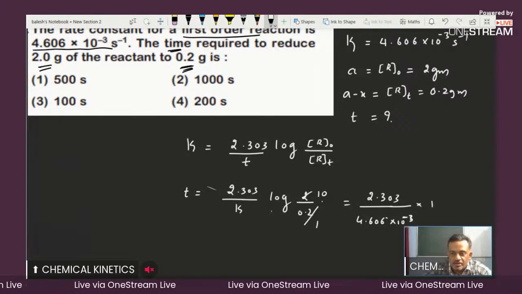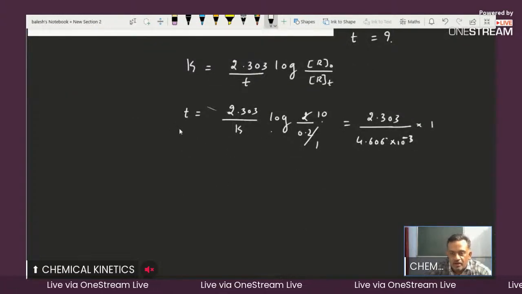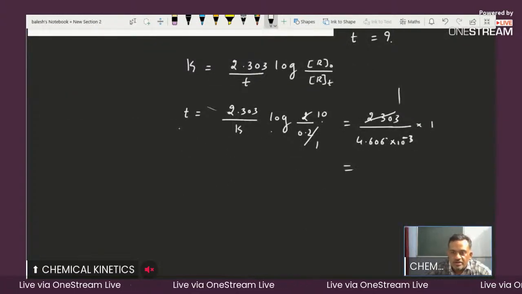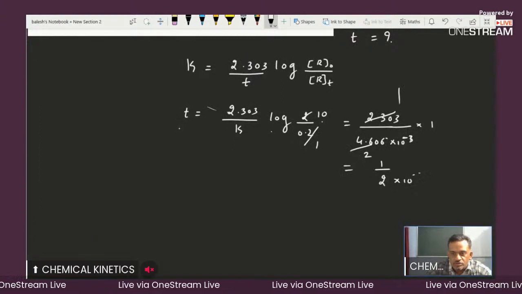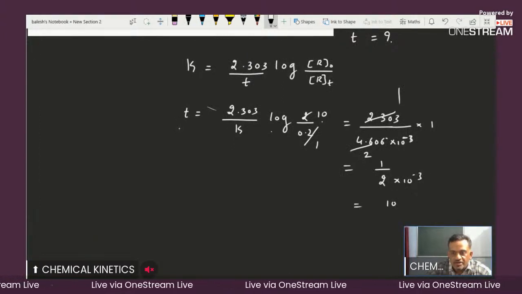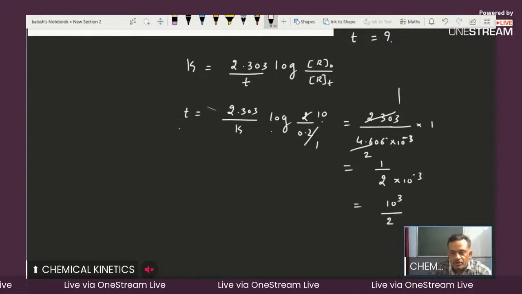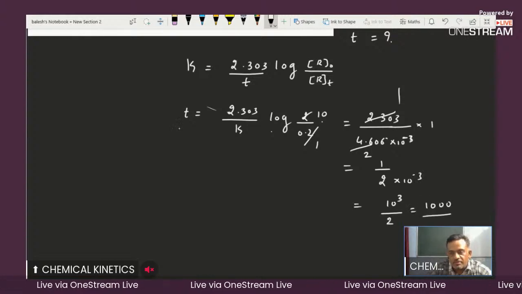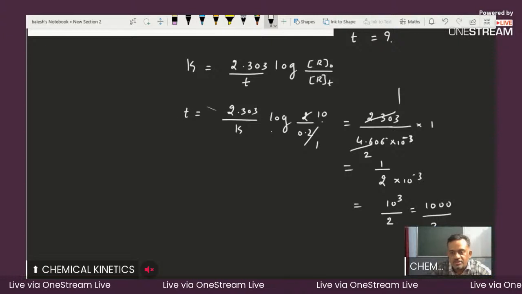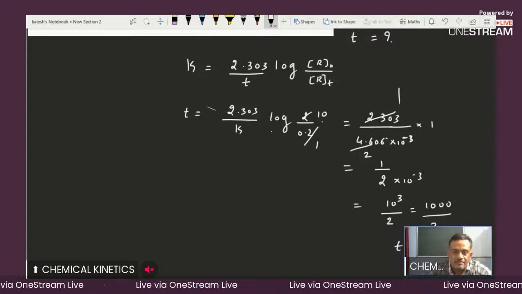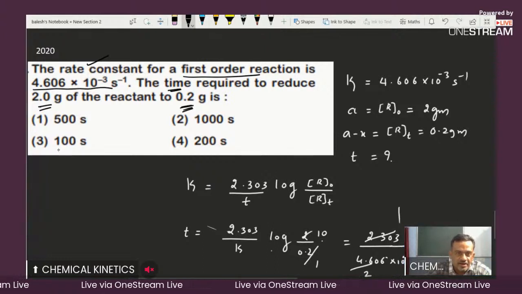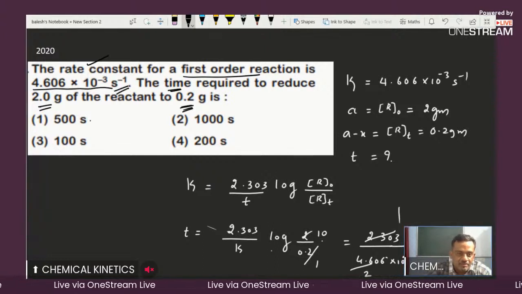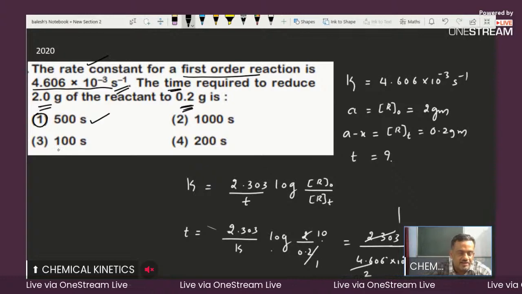Log of 10 is 1. So 2.303 divided by 4.606 is 1 by 2. 1 by 2 into 10 raised to minus 3, if 10 raised to 3 goes up, is 1000 by 2. My answer would be 500. Since the rate constant is per second, the time will be in seconds. That is 500 seconds will be the answer.